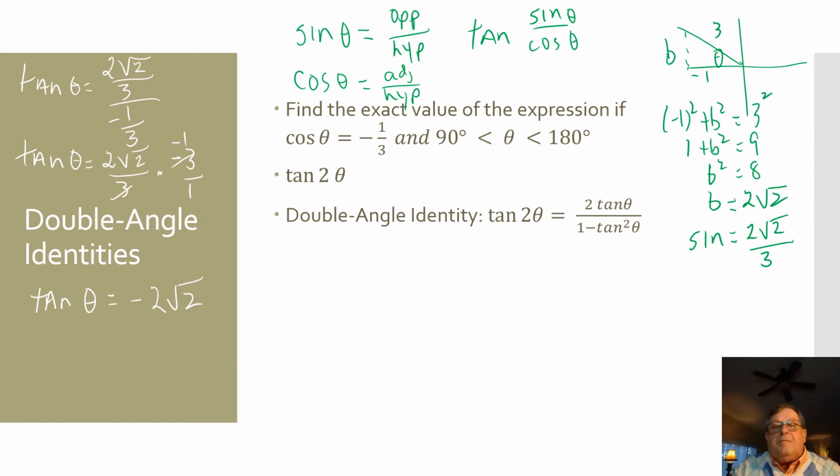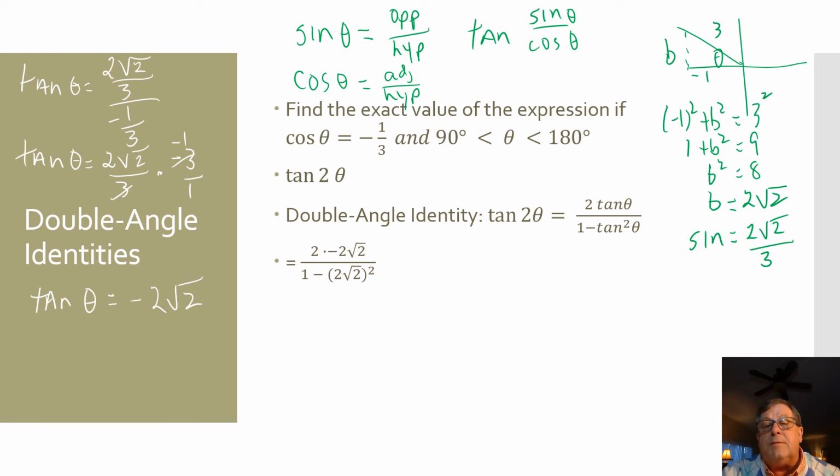We're powered up. All right, so now we're ready to substitute. Our tangent is negative 2 square root of 2. Given the cosine was negative 1/3, we found the sine, then we found the tangent, and we're ready now to find the tangent of 2 theta.